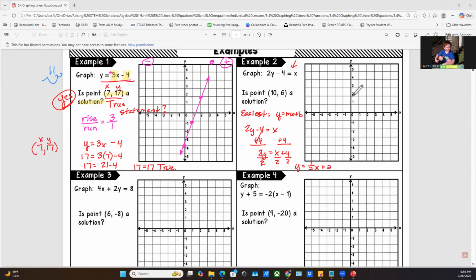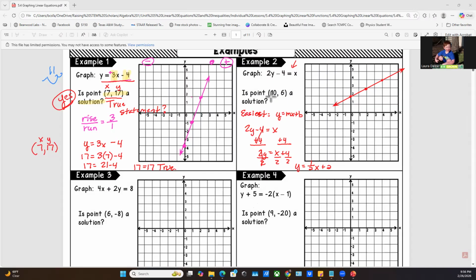Easy peasy to graph. So we can come up here to 2. And then with my rise over my run, I'm going to go up 1 over 2. Up 1 over 2. And so then I'm going to carefully try to graph this. Looks something like that. Okay.